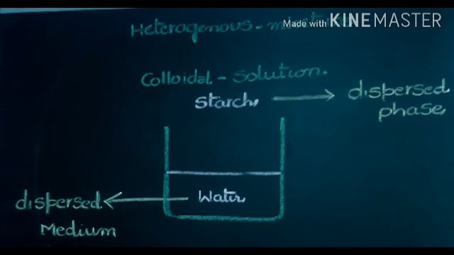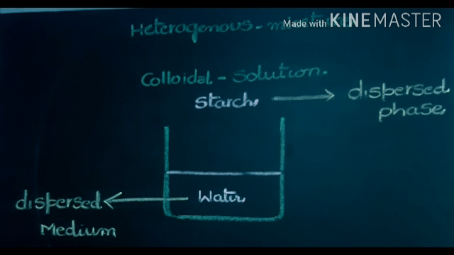Once again, dispersed phase means the internal phase. Dispersion medium means where the colloidal particles are suspended. Here, colloidal particle size is in between 10 power minus 7 centimeters to 10 power minus 4 centimeters, or 1 nanometer to 1000 nanometers.